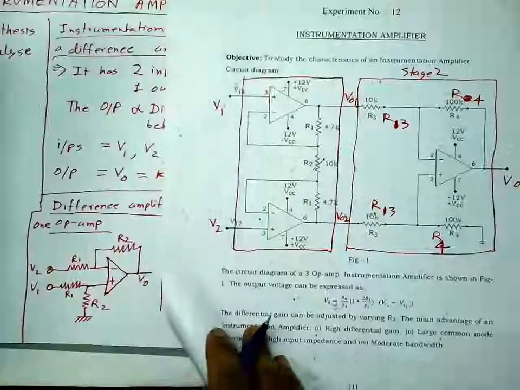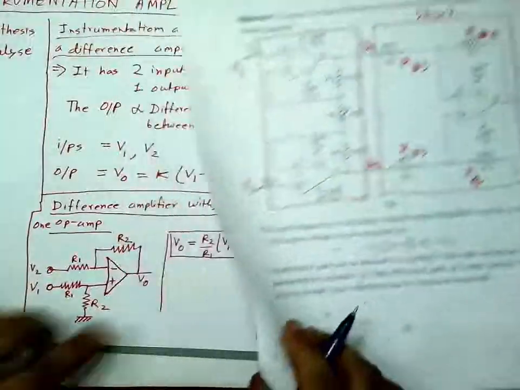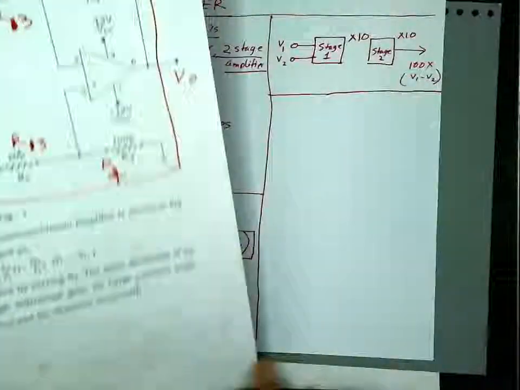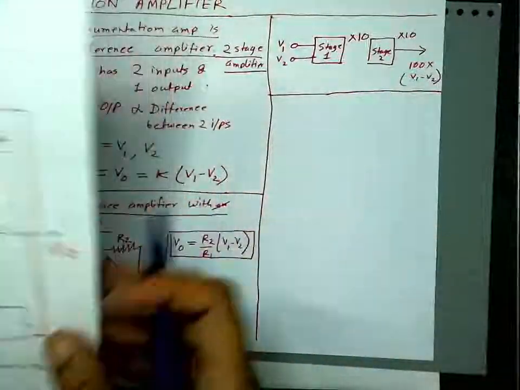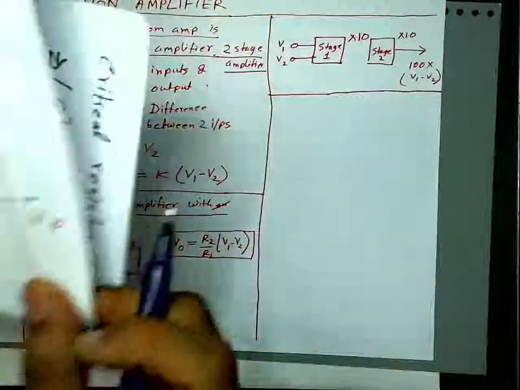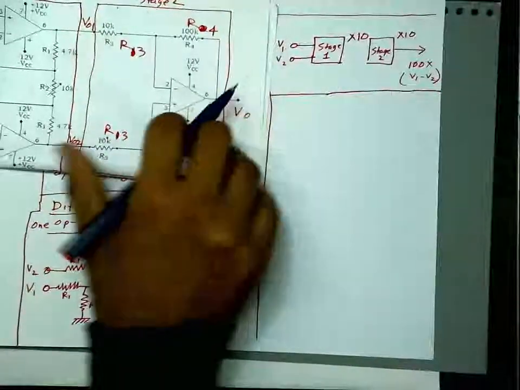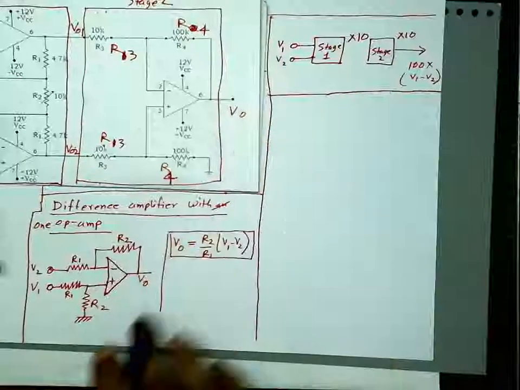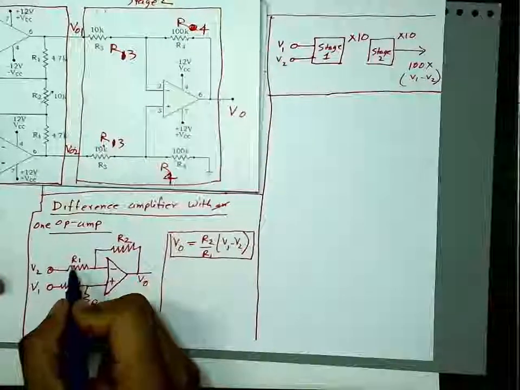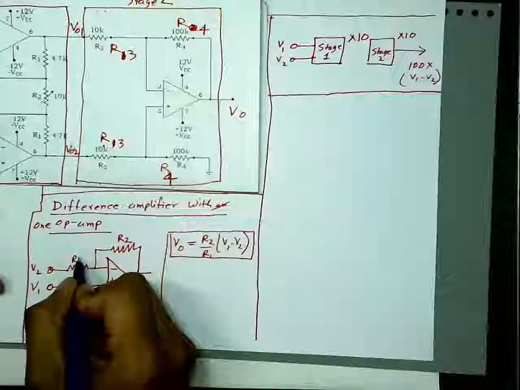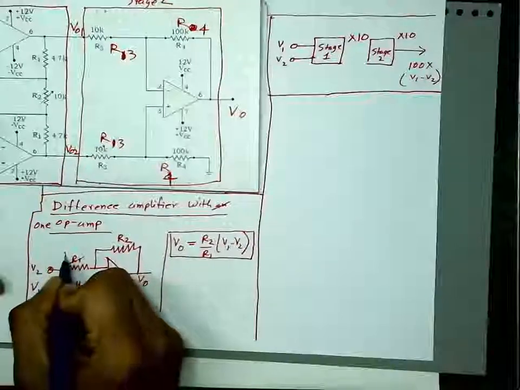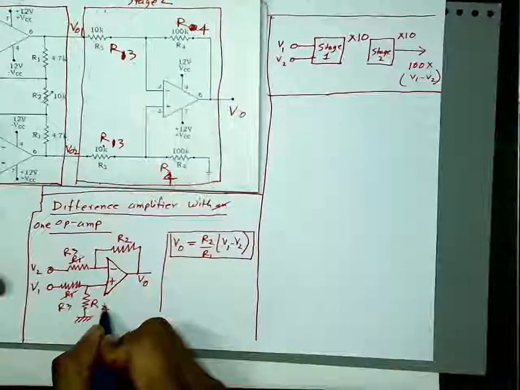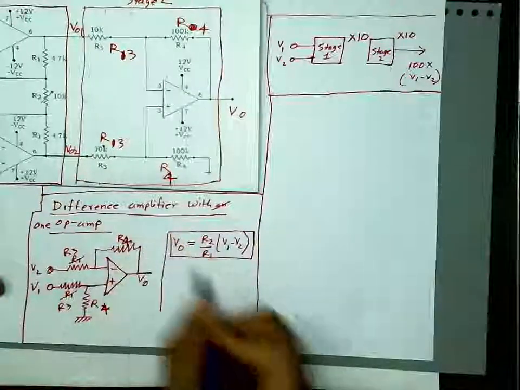Now it's very simple. Look at the equation of a difference amplifier. According to this notation, I call this R3, this also R3, this R4, this R4.